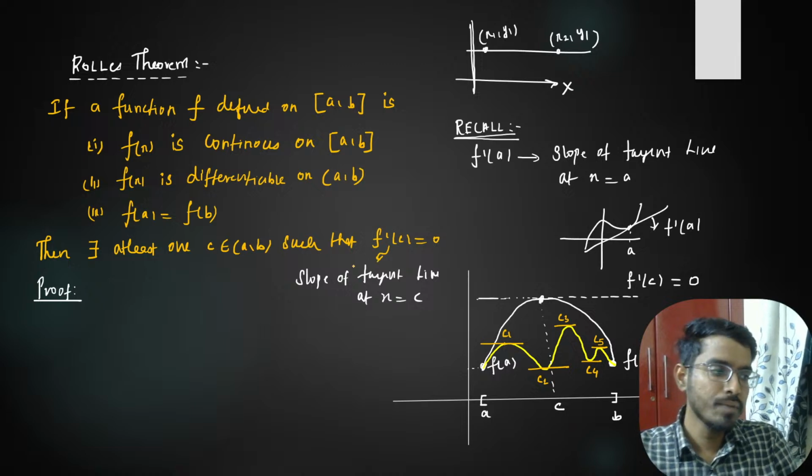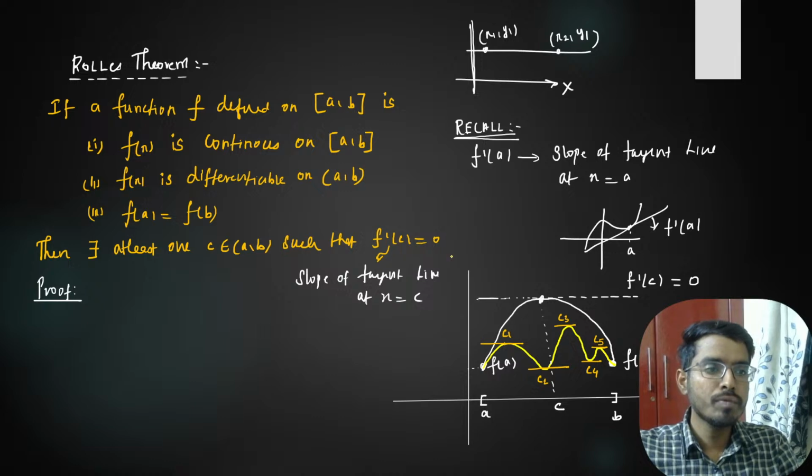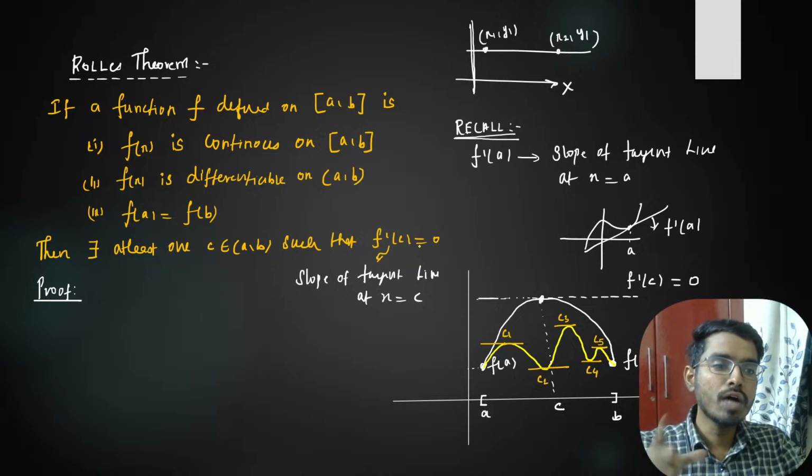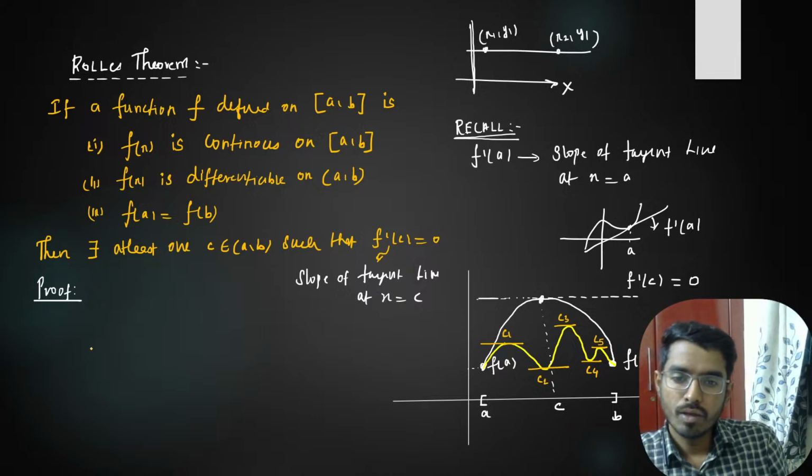What is f dash of c? Slope of the tangent line at x equal to c will be equal to 0. Slope 0 means derivative at that point is 0, means slope of that tangent line is 0. Slope of the tangent line is 0 means that line is parallel to the x-axis. Right? Okay.